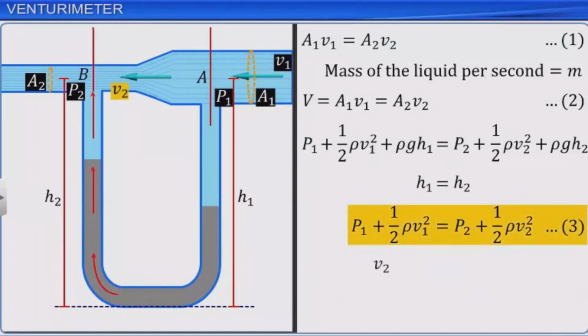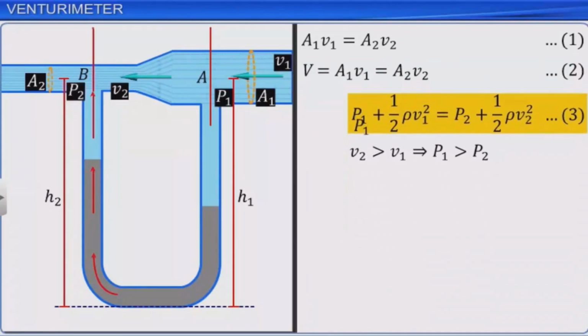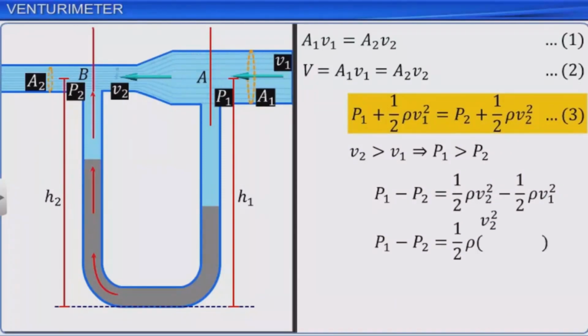As the velocity V2 is greater than velocity V1, we have pressure P1 greater than pressure P2. We then rearrange the terms in equation 3 to find the difference in pressure at A and B and express it in terms of the density of the liquid and the velocities at the 2 points.